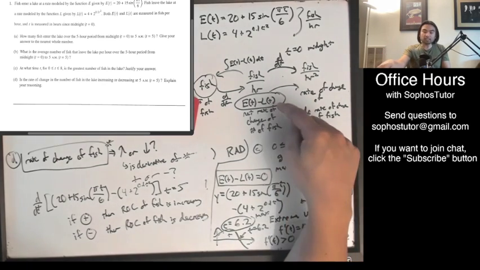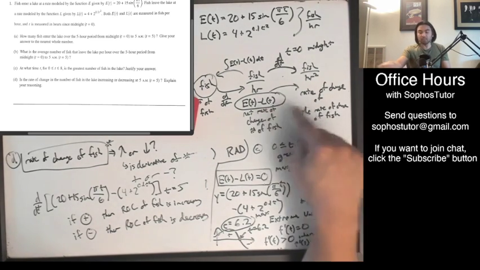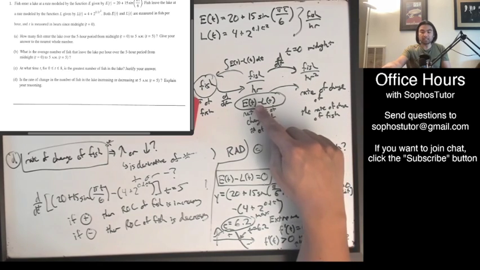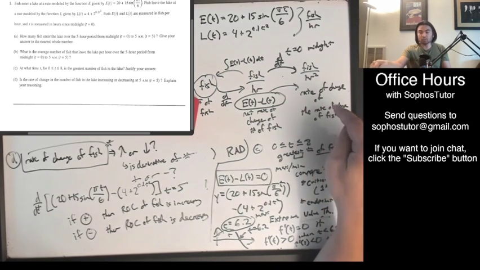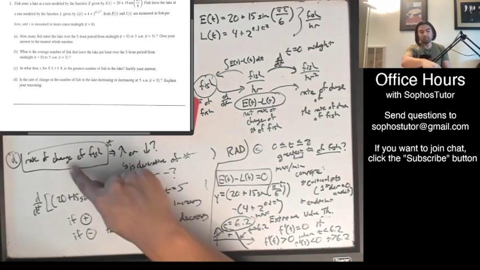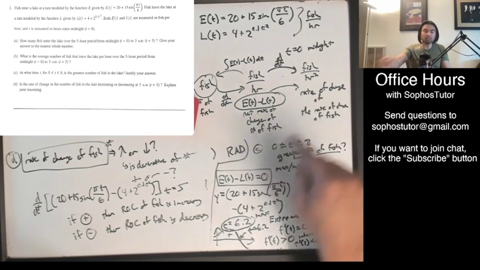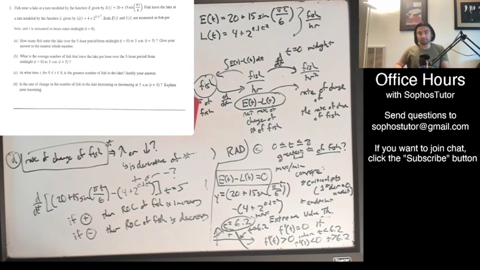So this E of t minus L of t is a rate of change of the number of fish. The derivative of this, the derivative of E of t minus L of t, is the rate of change of E of t minus L of t. And you see how we have to solve that for part D and determine if that derivative is positive or negative. And there you go.